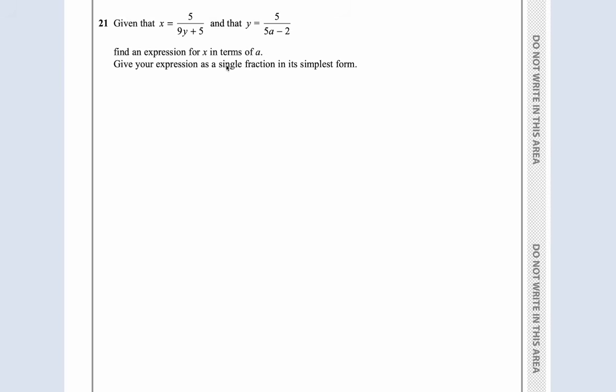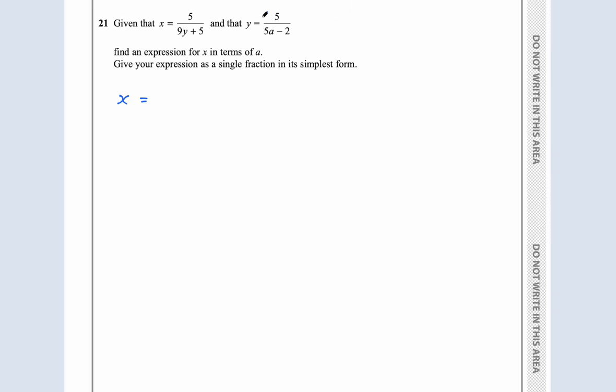Okay. Question 21. We have x equals this, y equals this. Find an expression for x in terms of a. Give your expression as a single fraction in its simplest form. Right, this, guys, this is not easy, right? So we want an expression for x in terms of a. So x is this, but we know that y is this.